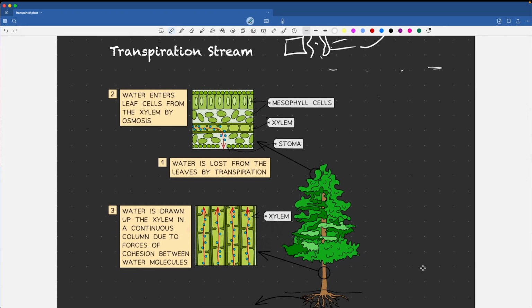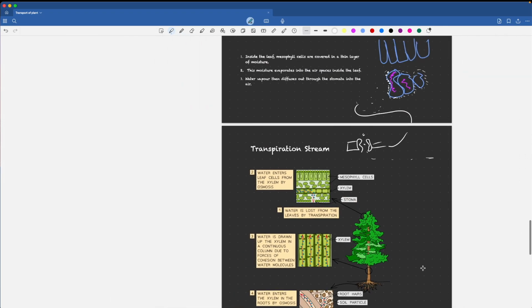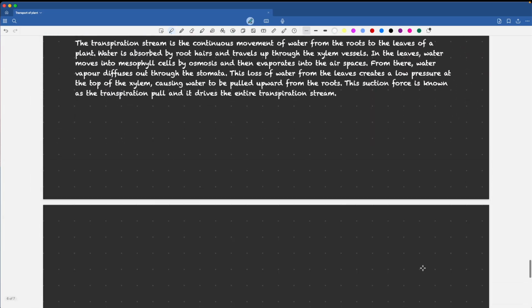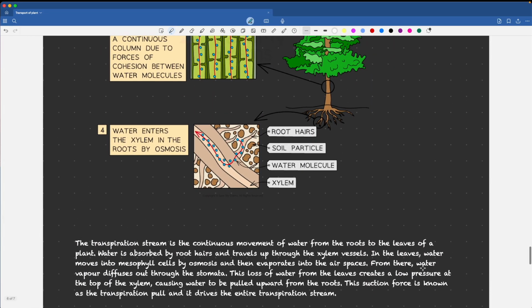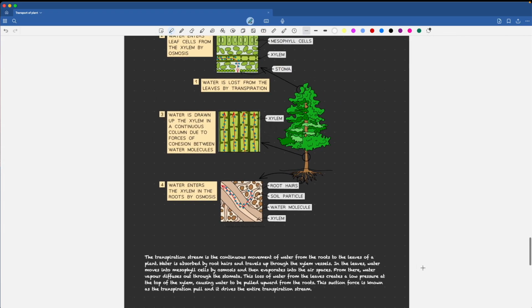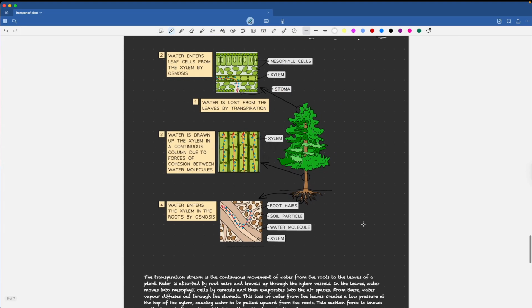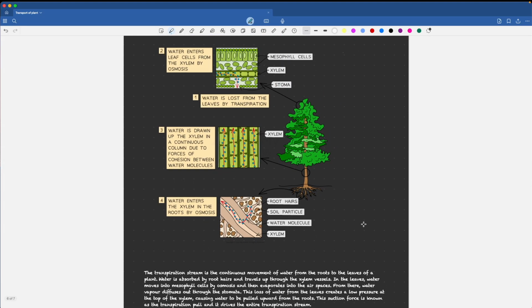Now let's look at the transpiration stream. This is our final concept. The transpiration stream is the continuous movement of water from the roots to the leaf. In the leaf, water moves into the mesophyll cells by osmosis, then evaporates into the air space, then diffuses out through the stomata.